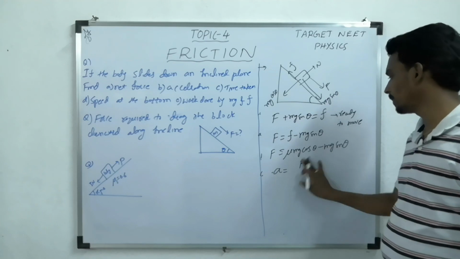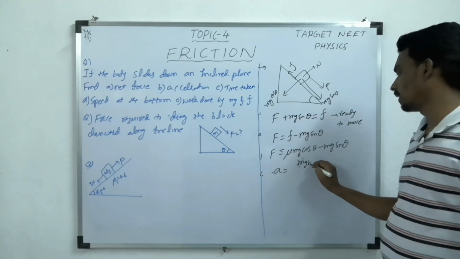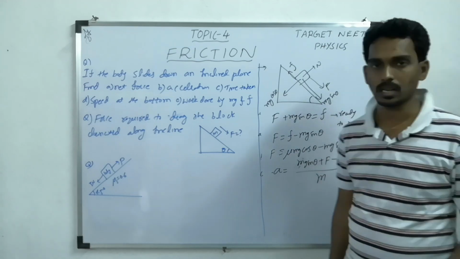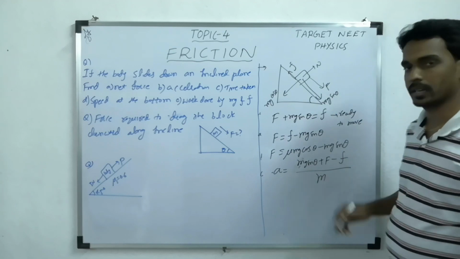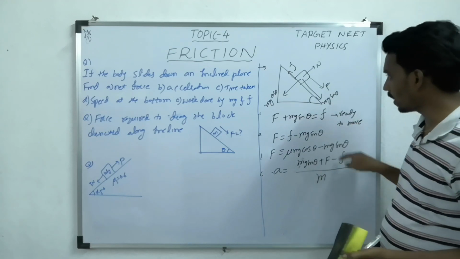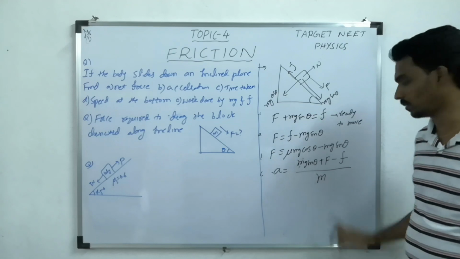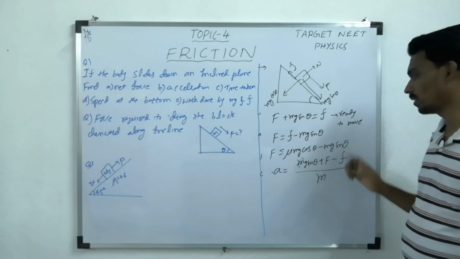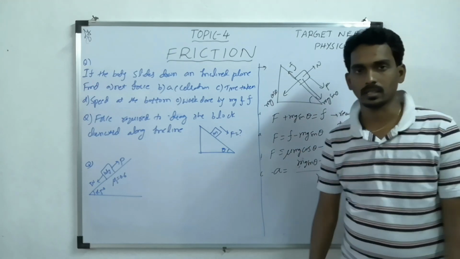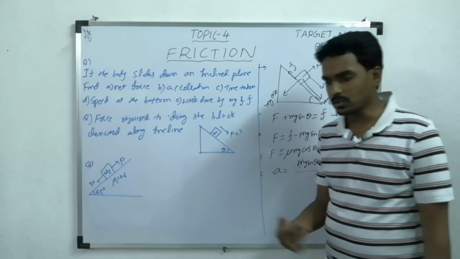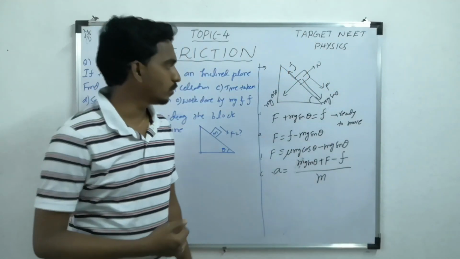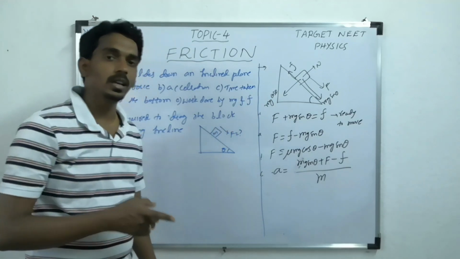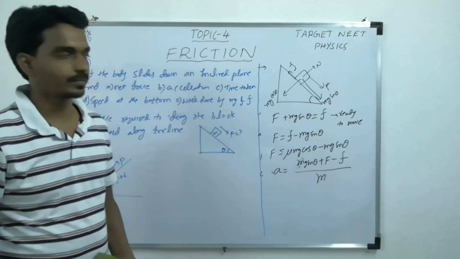What is the acceleration? mg sin theta plus F minus friction, whole divided by mass, because this is the resultant force: force in the direction minus force in the opposite direction, divided by mass. Now you can substitute the external force value here and calculate the acceleration. This is the case when you try to pull the body downward along the incline when the angle of inclination is less than the angle of repose.